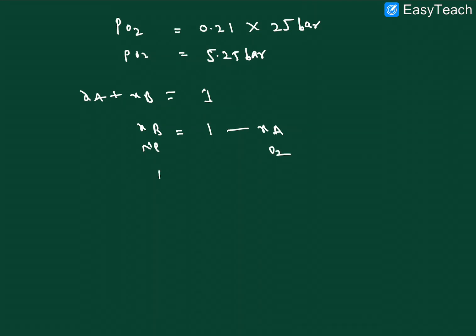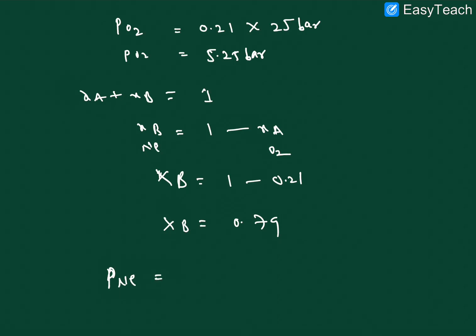XA is the mole fraction of oxygen. So the neon mole fraction XB is equal to 1 minus 0.21, right? That equals 0.79, the mole fraction of B.